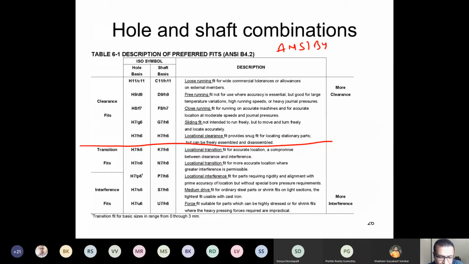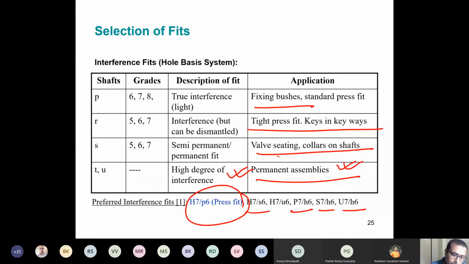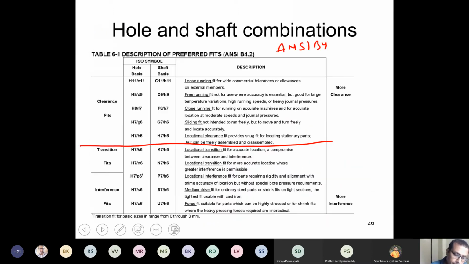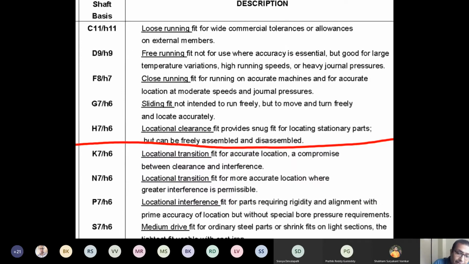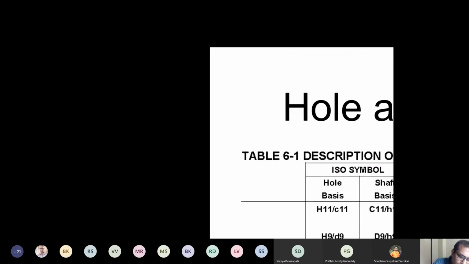let me just blow it up if possible. So basically, this is for C11, H11. Sorry, I didn't expect this to happen.